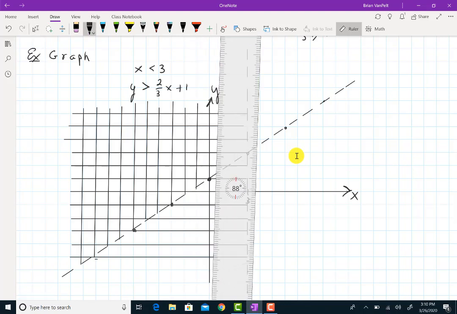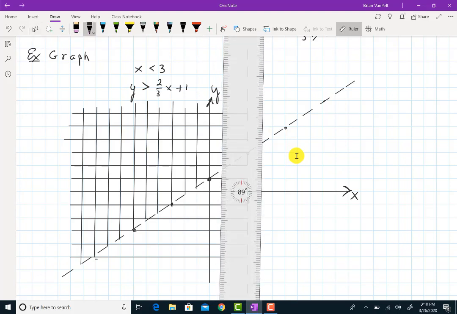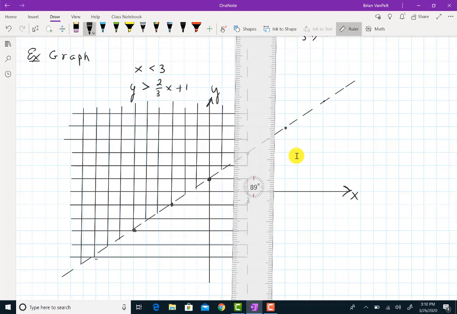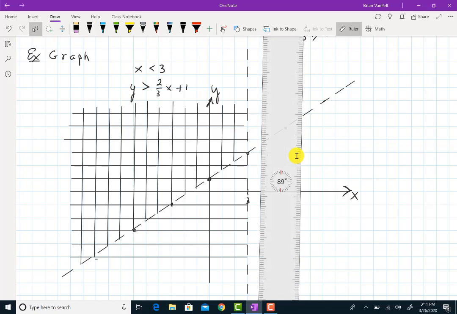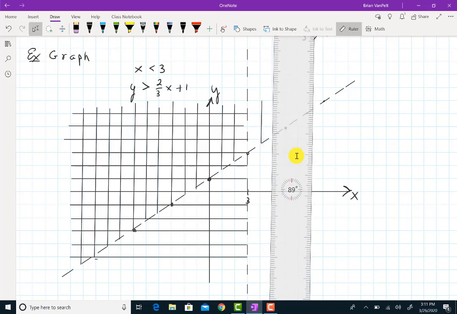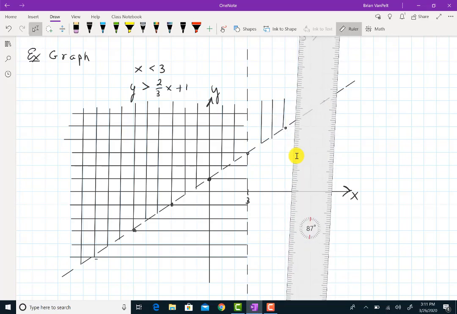Stop. Stop. The dashed line, I won't mess with that. But then beyond, stop. I don't think I need to go any farther.